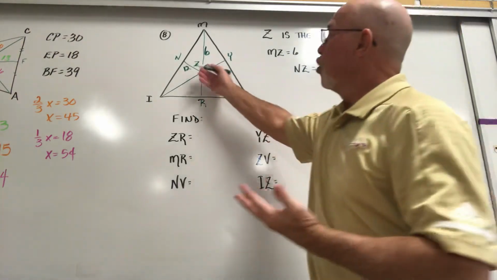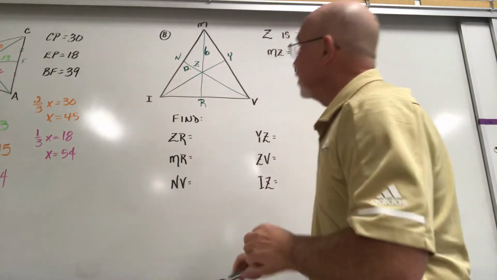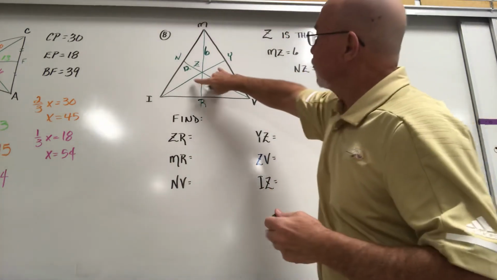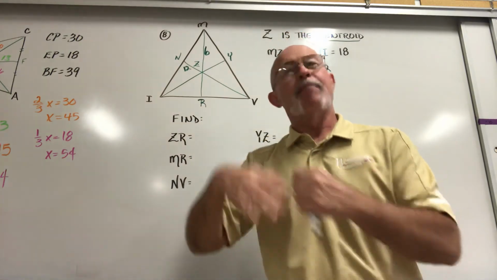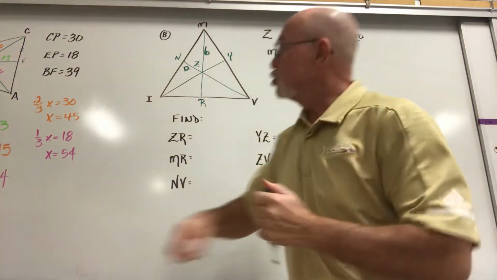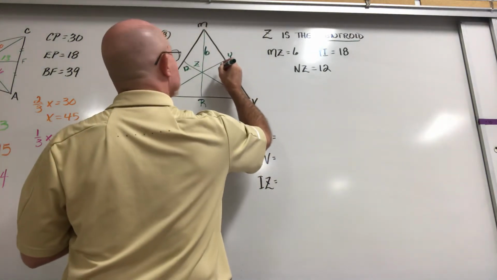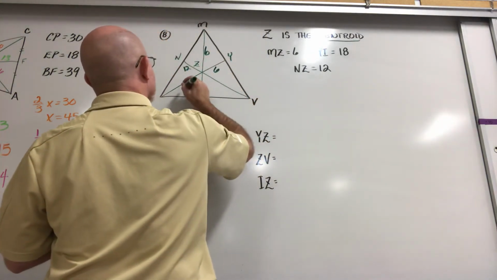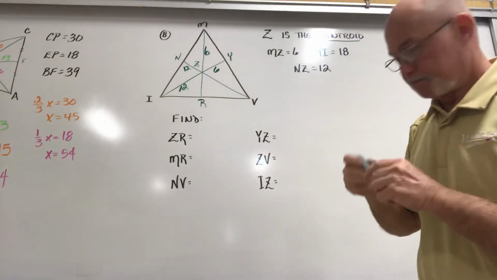So, once again, we're going to figure out what we've got here. The first one is 18, because I can break 18 down very easily into thirds since it's divisible by 3. So the short segment is going to be 6, and that means this is going to be 12.